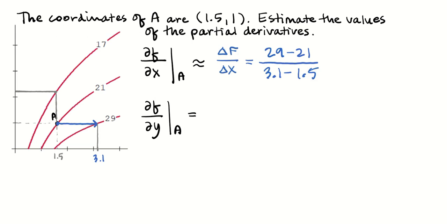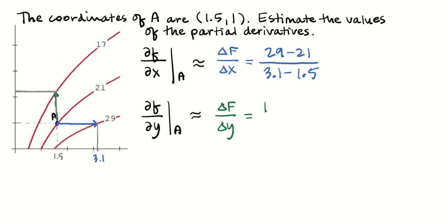And then if I wanted to know about df dy at point A, that's not going to be exactly equal to, but it's going to be approximately equal to the change in f divided by the change in y. We can figure out what that is. Let me go from 1 to the next contour. As I went from point A to the next contour up, f decreased by 4.